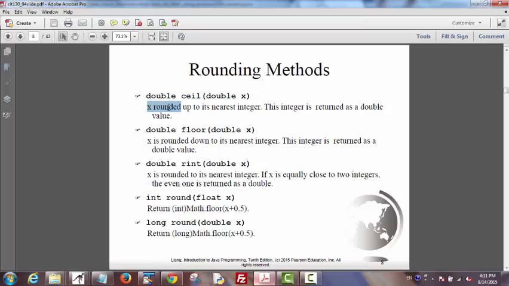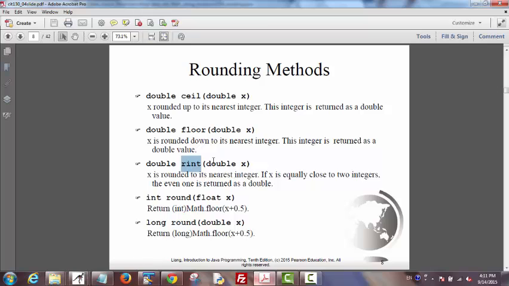The ceil function is kind of interesting. It always rounds your numbers up to the nearest integer. So if I say ceil of 2.8, it's going to give you 3 because it's just going to round up. If I do floor with 2.8, it's going to round it down, which is going to round it to 2. If I say rint with 2.8, it's going to round it to the nearest integer.